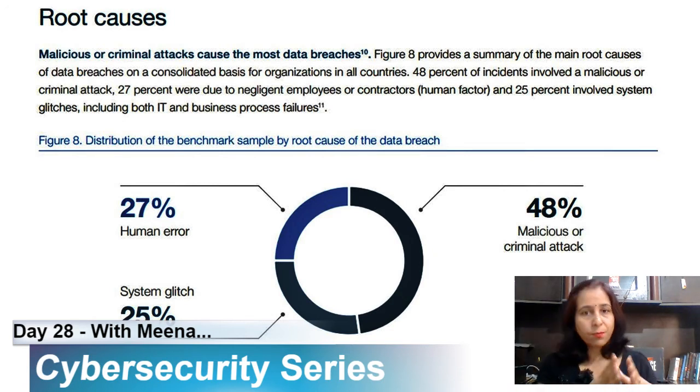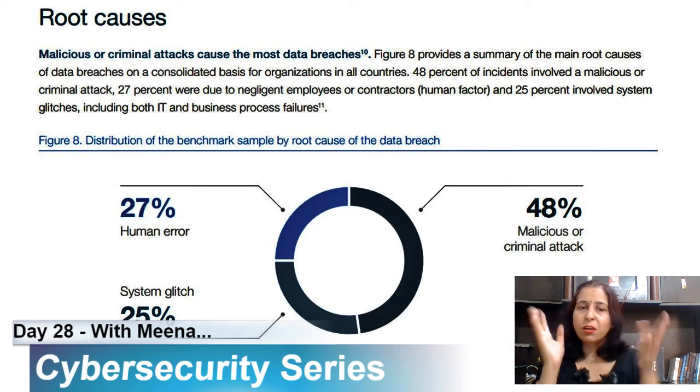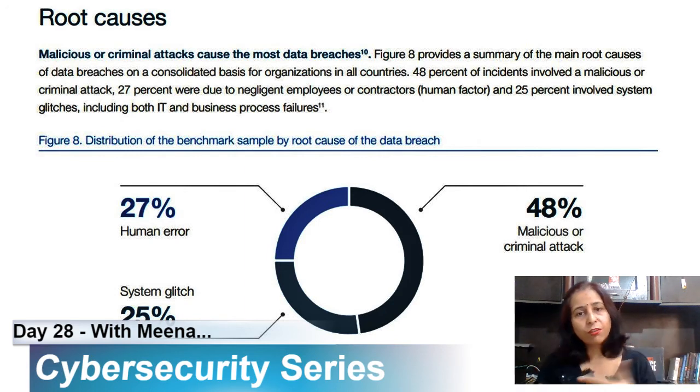And 25% of data breaches are happening due to system glitches. Either our systems are not properly configured, or we have some kind of trouble during configuration or storage time. So more than 50% of data breaches can be stopped, but they are happening. It's not small, it's a huge root cause.